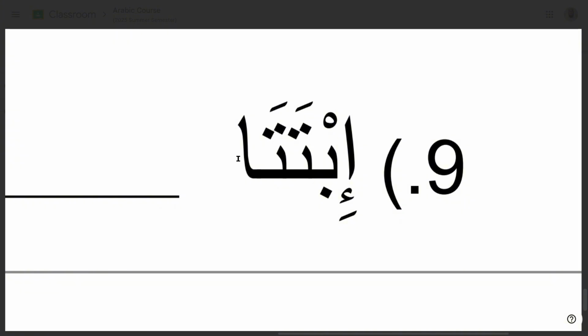And then you add the extension at the end. Ibtata. There you go. Good job, bro. Alhamdulillah, makes me feel happy inside. We have alif with a kasra, i, ba with a sukun, ib. It's just like i and b together. Ta with a fatha, ta, and then ta fatha alif, ta. Ibtata means nothing, but it's good to practice.